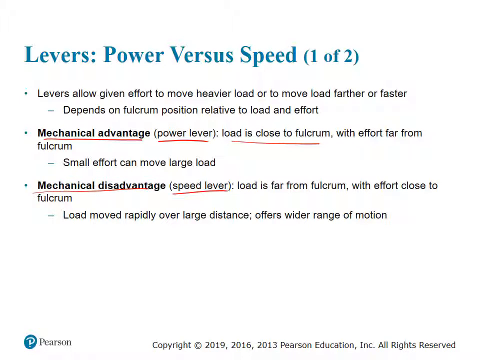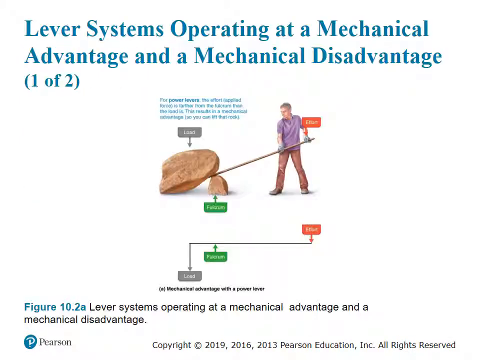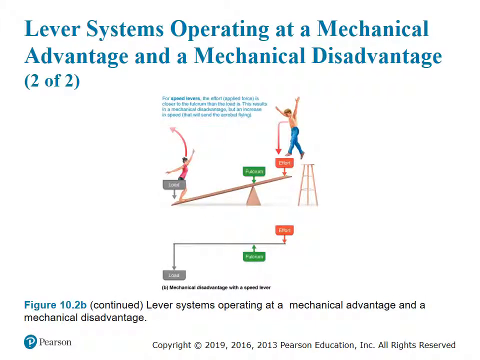Call it a mechanical disadvantage, where the load is farther away from the fulcrum and the effort is close to the fulcrum, and you're going to get speed in lifting. In this example, the closer the fulcrum is to the effort, the greater the speed and the less it's going to be used for power.